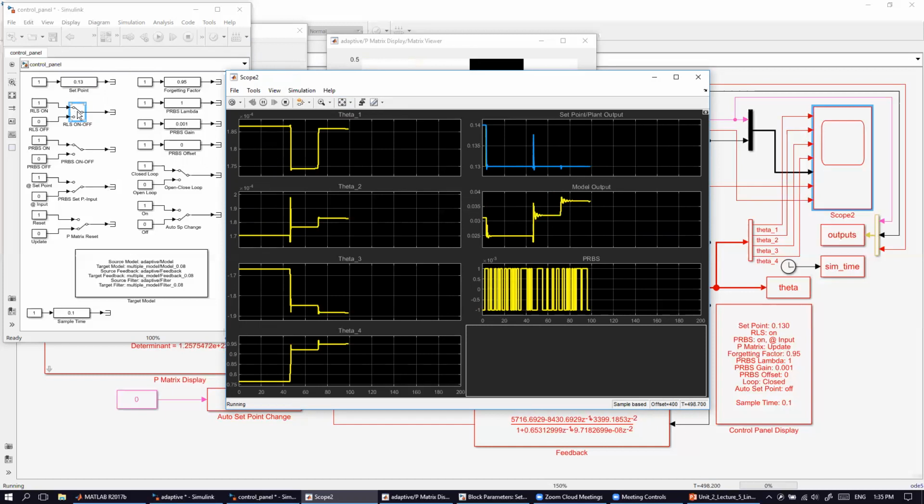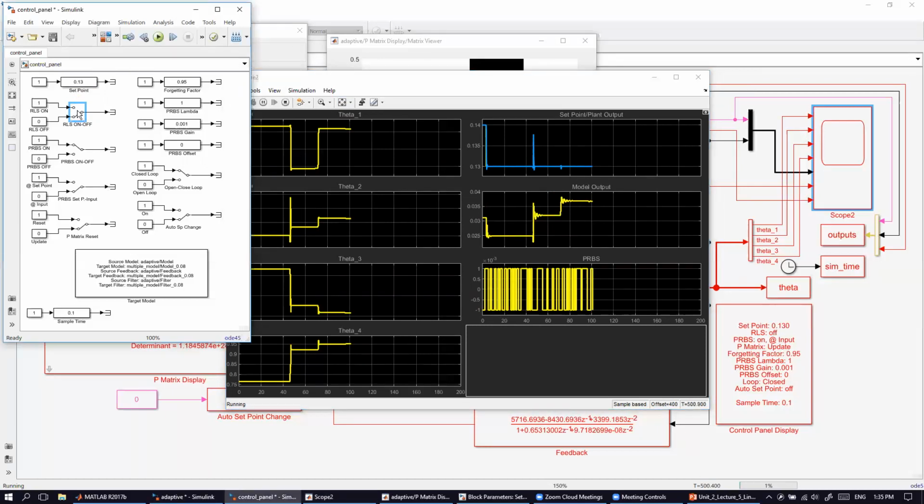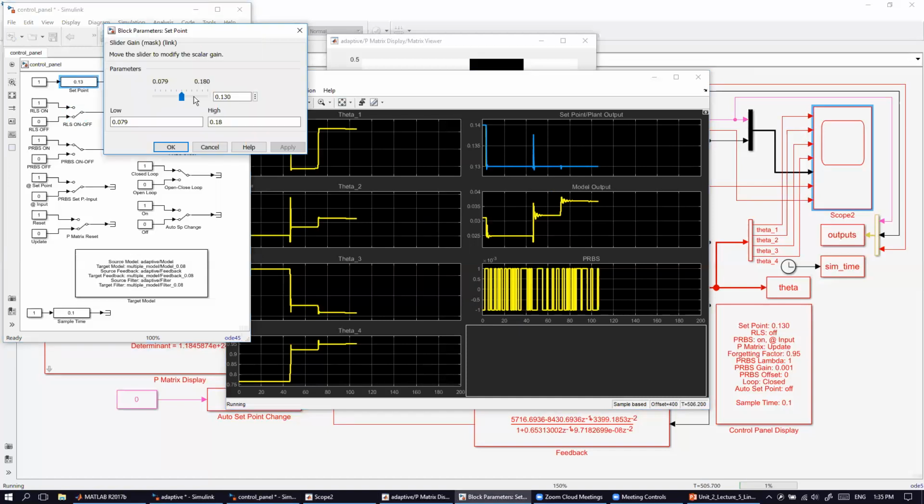So I'm going to turn it off again, and I'm going to do the set point change again, like this, and then back, like this.